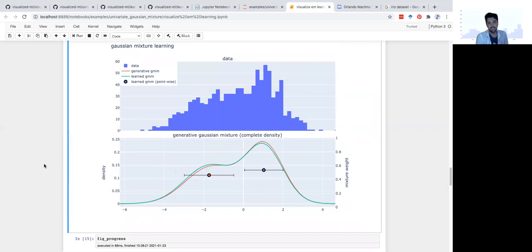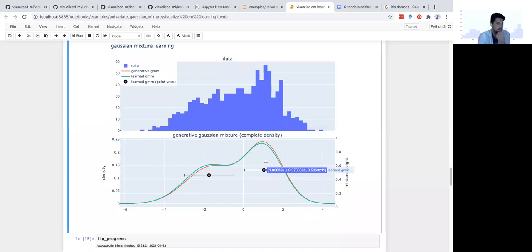I'm trying to visualize all these things in one plot, and it's rather ambitious, but the height of each of these little dots is the weight. The error bars correspond to the standard deviation, and their location on the x-axis is just the location.